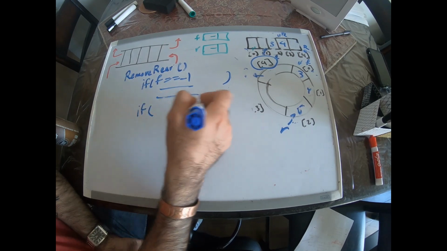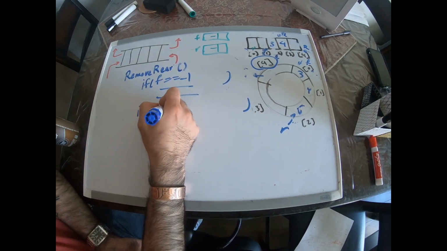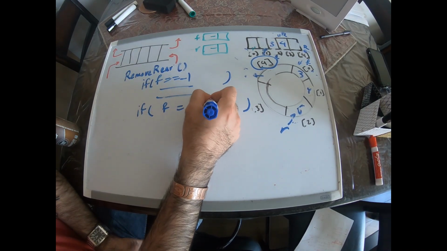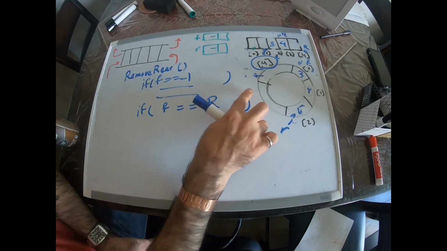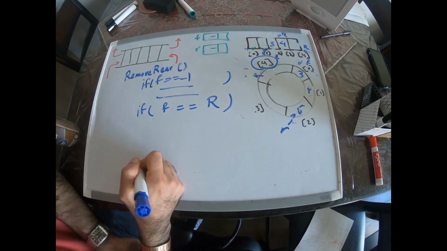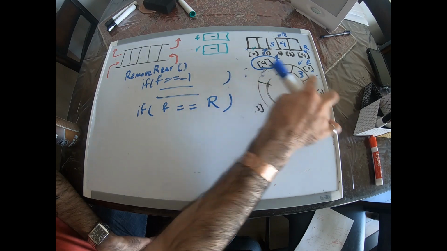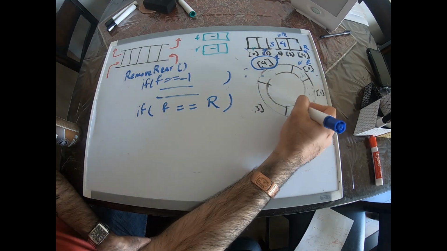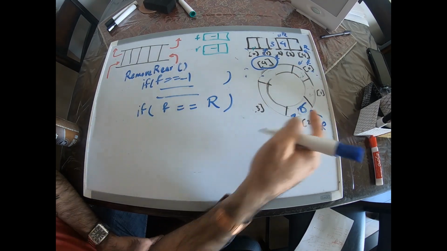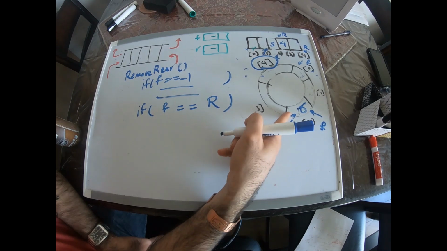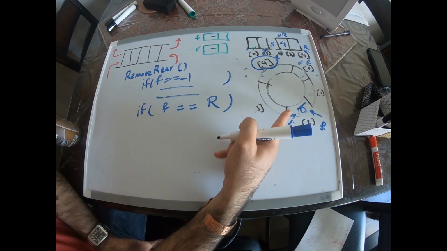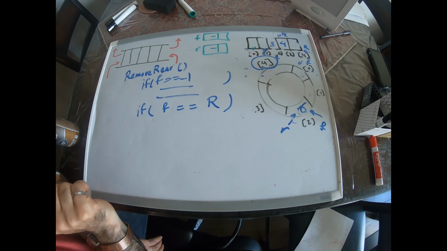If front is equal to rear, again, this means that you only have one number left in your deck. You're going to remove it and the deck becomes empty.